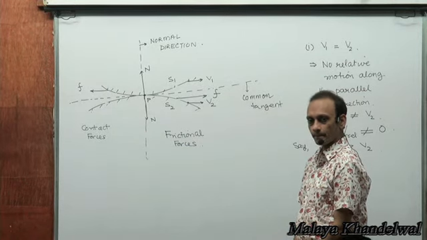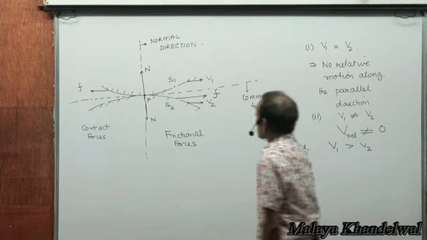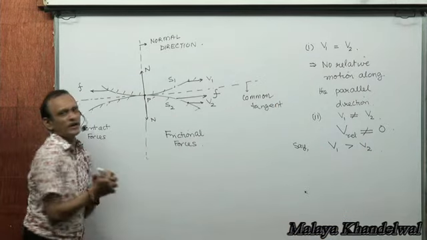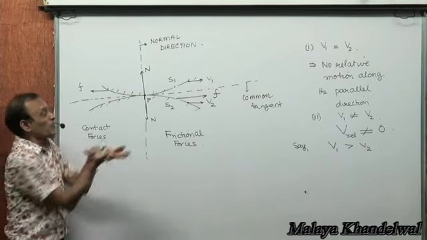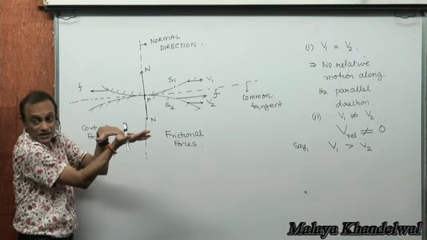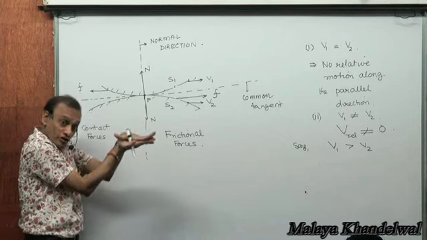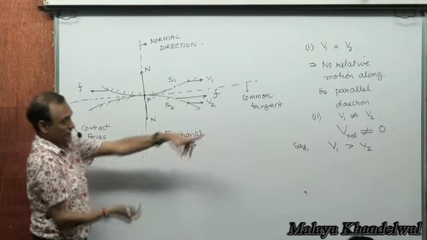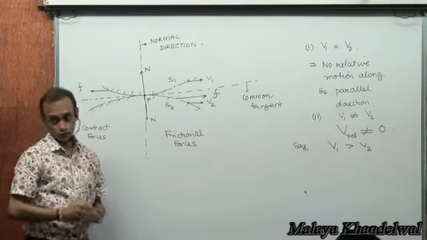Right? Now, the situation that I demonstrated was one where there was actual rubbing along the parallel direction, actual non-zero relative motion along the parallel direction. This is the case V1 not equal to V2.